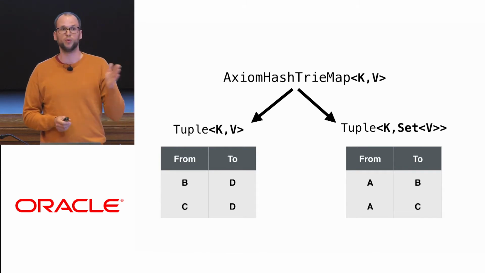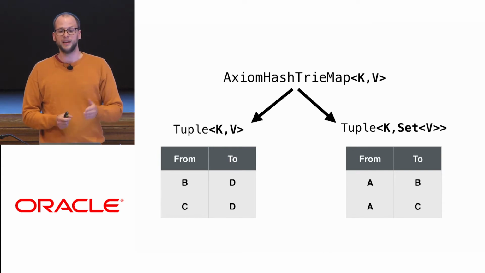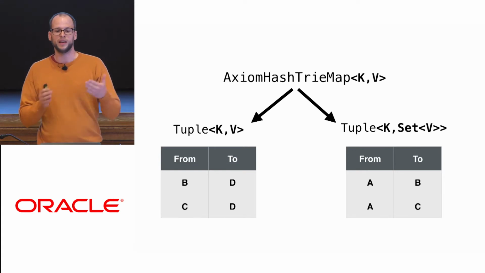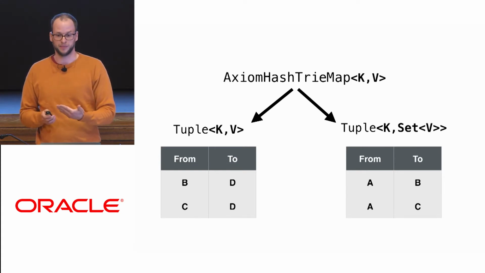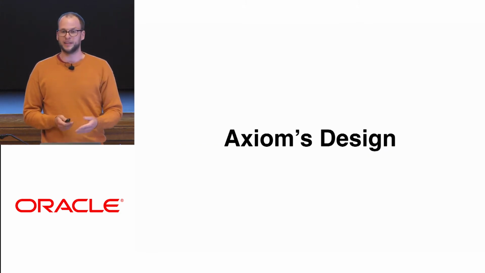So if you have one-to-one correspondences, we just store it as a key and value tuple. And if we really need the multi-map capacity, we can associate, for example, a nested set to that. So let me talk a bit more about Axiom's design.